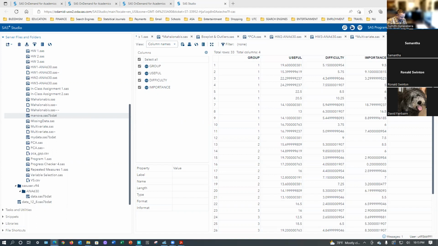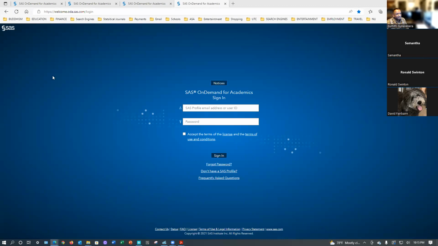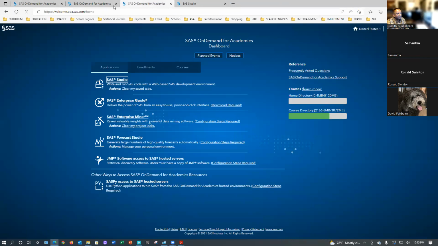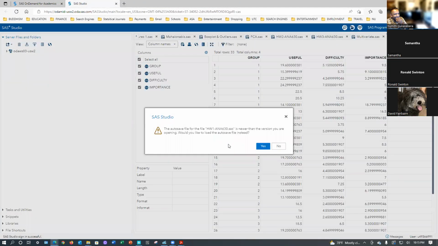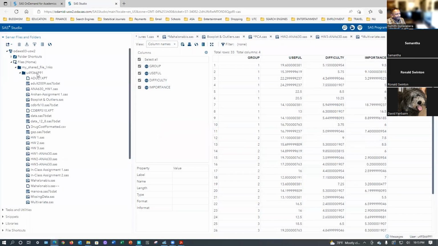You can call that one multivariate. Place that in multivariate.